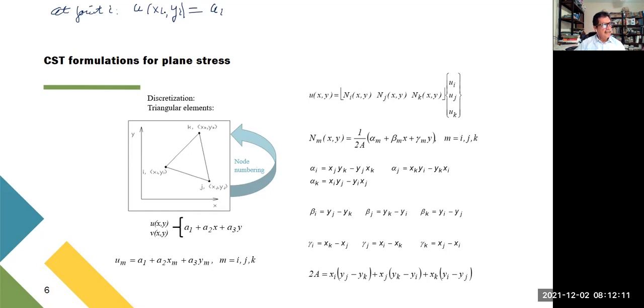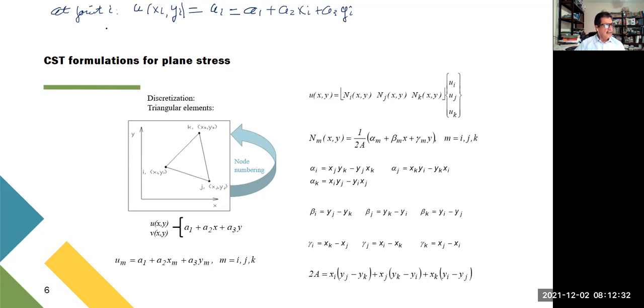If I evaluate it at this point, I have to recover U sub I. So if I apply this polynomial, I get A1 plus A2 xi plus A3 yi. This is my first equation.